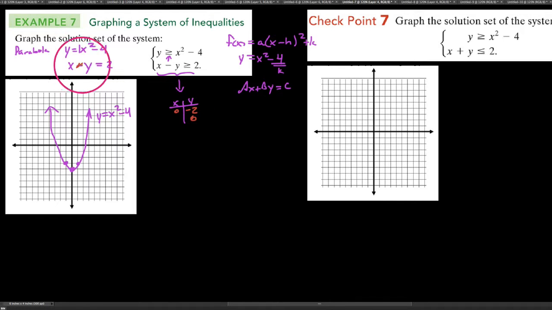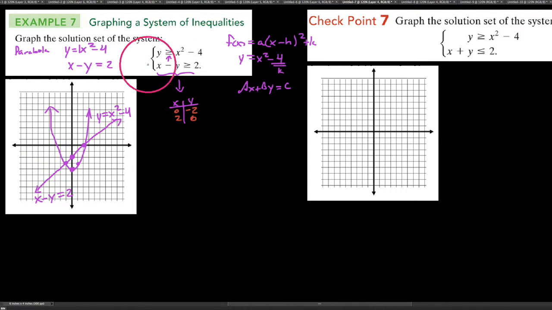Plugging in 0 for y, we get x equals 2. Let's graph both of these points: 0, negative 2 lies here, and 2, 0 lies right there. Connecting these dots, we get this graph, and we want to make sure we label this x minus y equals 2.